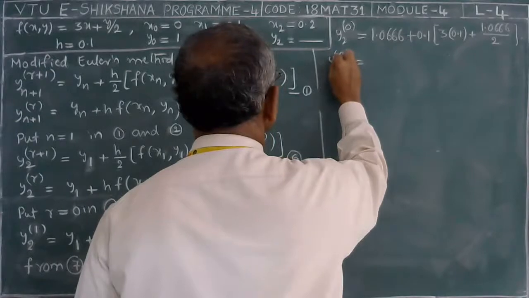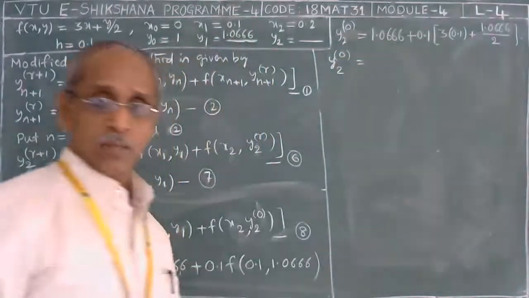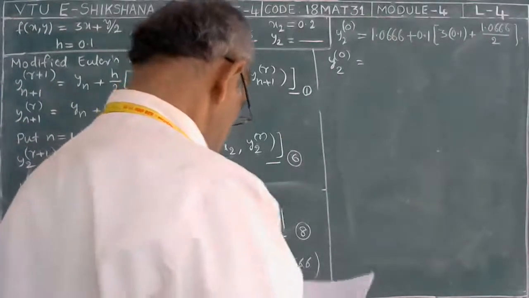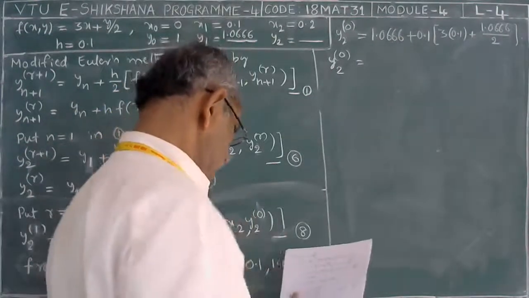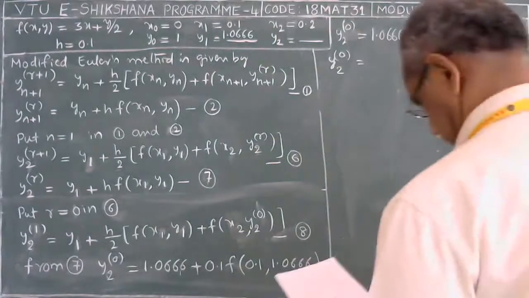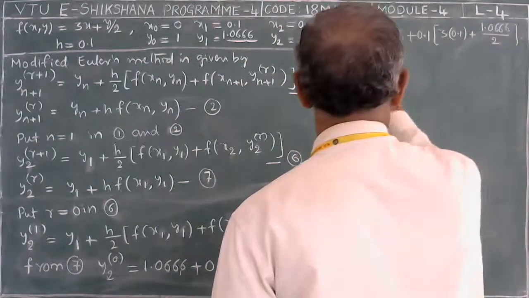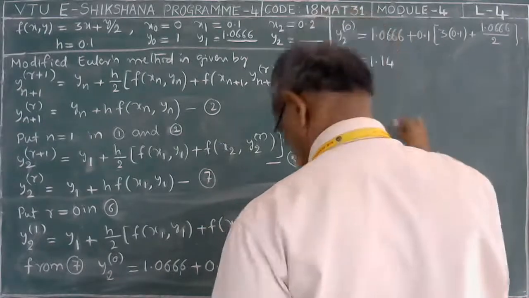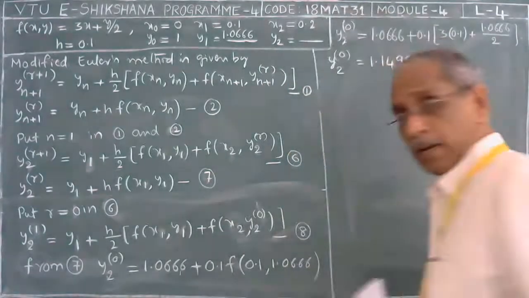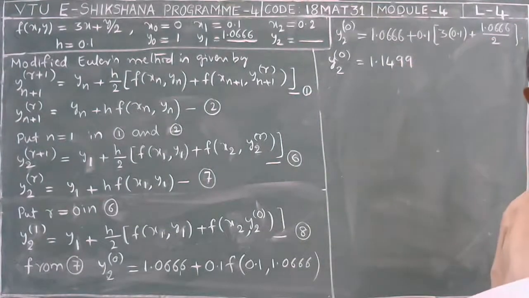If you carefully compute using a calculator, y2 0 will be 1.1499.